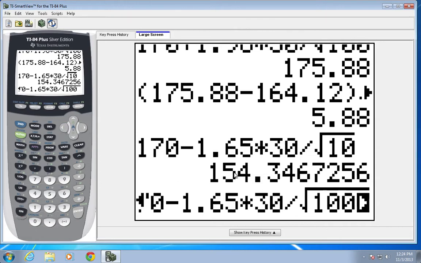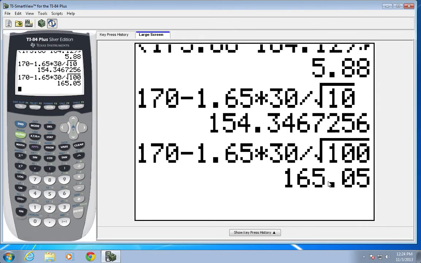Square root of 100. On the TI-84, you know when you're entering a value beneath the square root, because the square root line at the top will continue over all the digits underneath it.